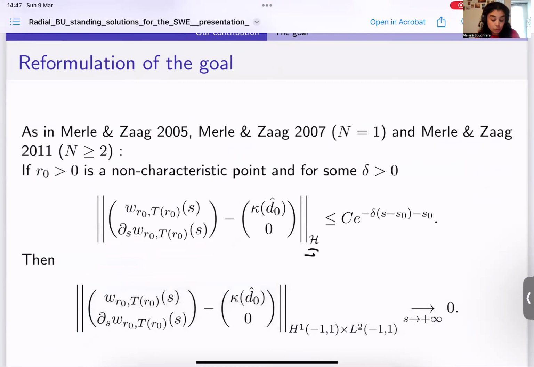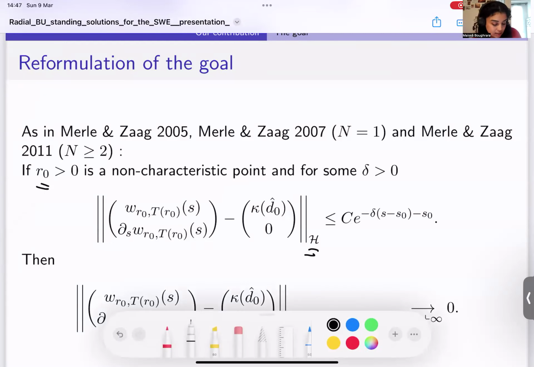And we use the work of Merle and Zaag in 2005 and 2007 in dimension one and 2011 in higher dimension, in the radially symmetric case, where if R0 is a non-characteristic point, and if we do the self-similar change of variables of the solution centered on (r0, T(r0)), then we will have the convergence in H.